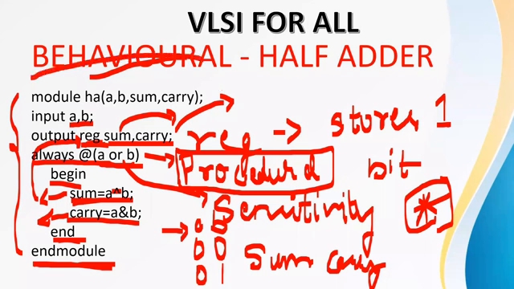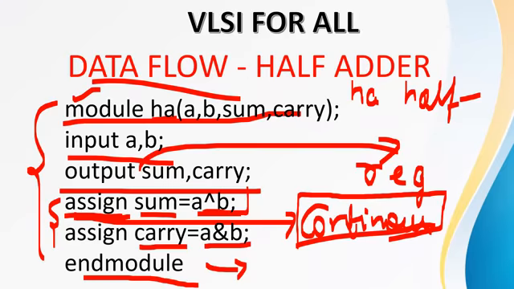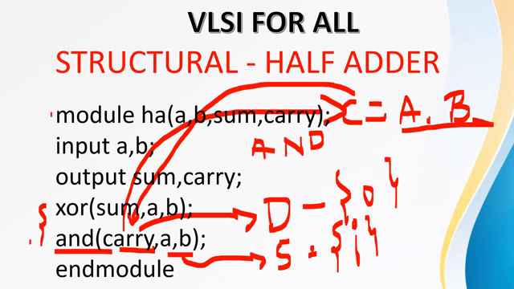Behavioral is the easiest way of coding, so we usually choose behavioral. But coming to structural, we have to use many gates. If the design becomes more complex, then it doesn't make sense to use structural, because it takes a lot of time to code all the gates.